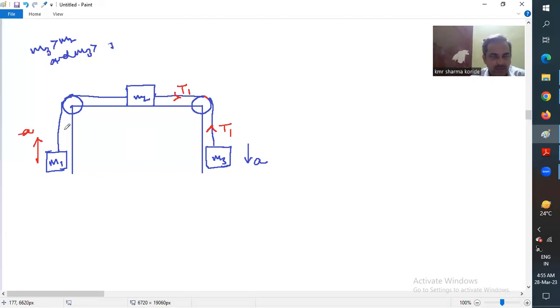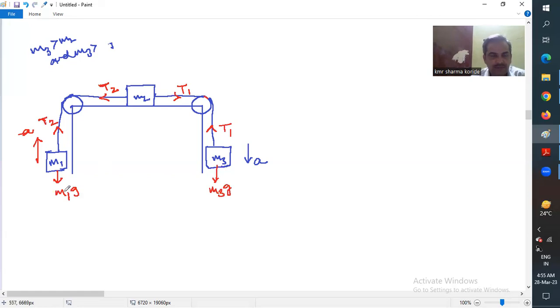So here tension T2 favors the motion of M1, but T2 opposes the motion of M2, while T1 favors. Now the weight of M1, M1G, acts vertically downwards. Similarly, M3G acts vertically downwards.